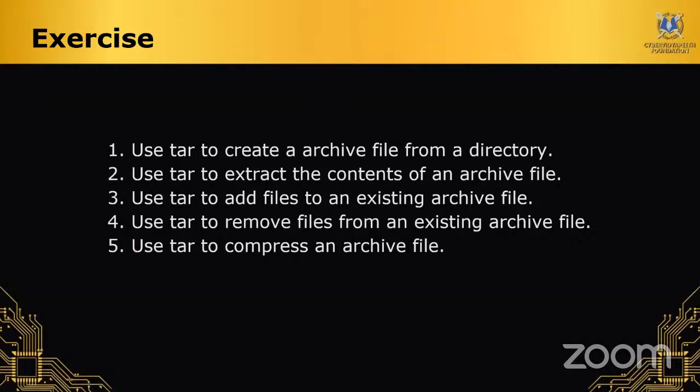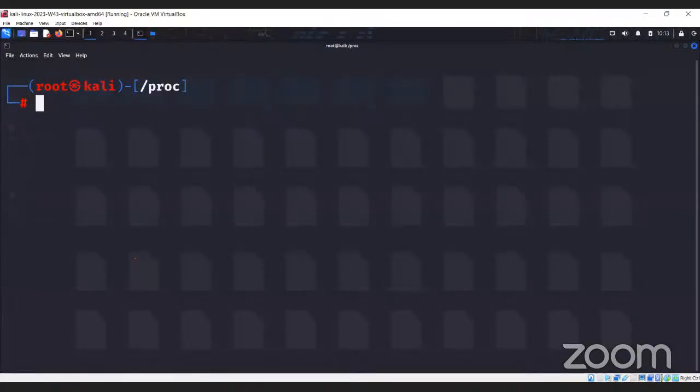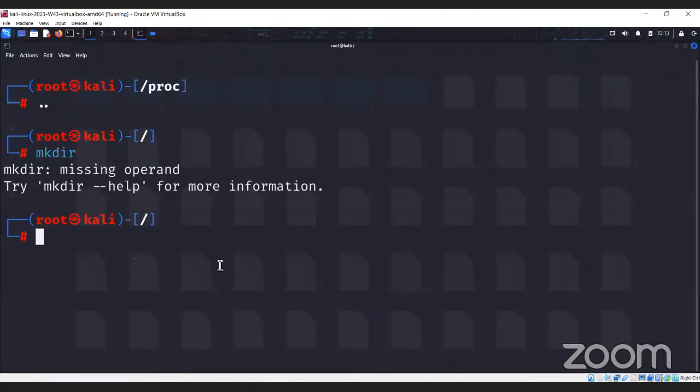Use tar to create an archive file from a directory. According to this, we have to create a tar file from a directory. For that, let's make a directory first. mkdir, let's suppose the name is one.